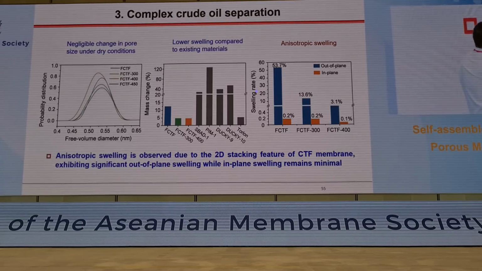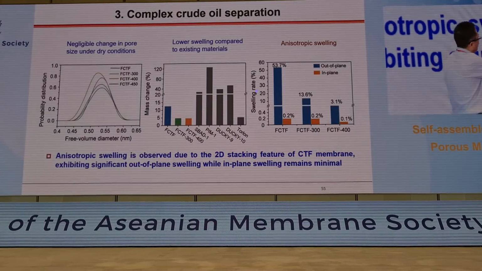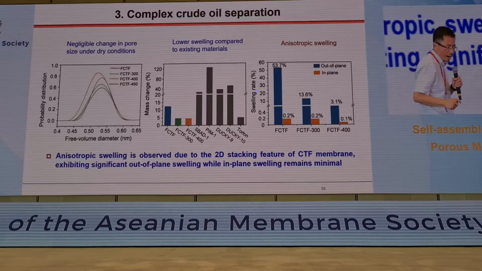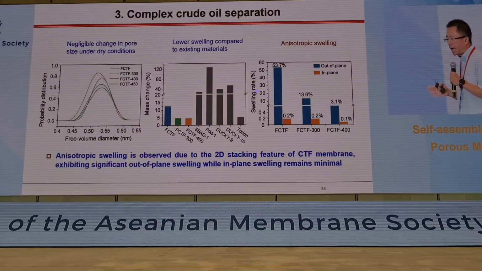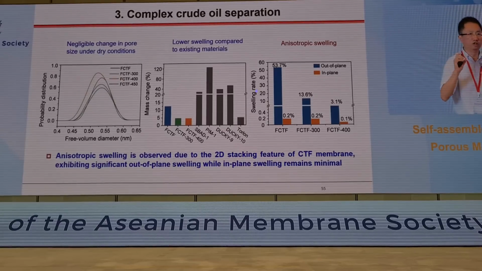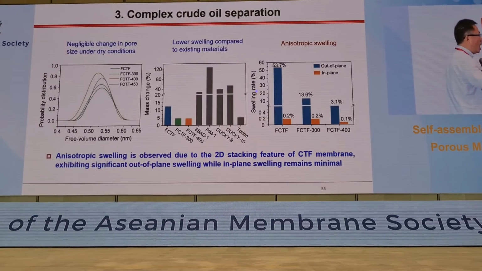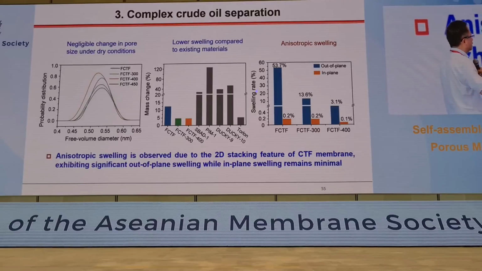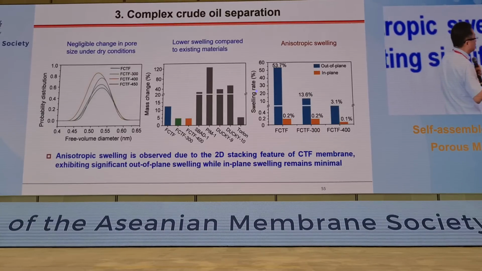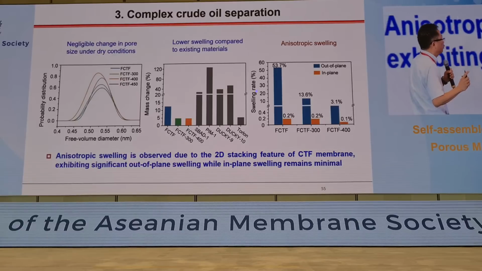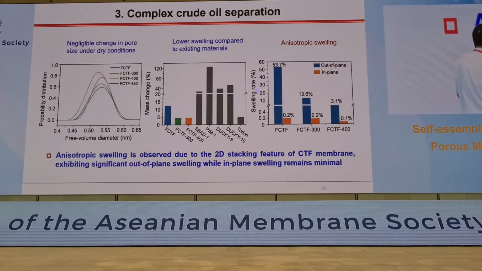With the increased cross-link temperature, you found that the out-of-plane swelling will gradually decrease. In other words, actually we can control the swelling degree, also control the interlayer spacing in the organic solution by using different cross-link temperatures.